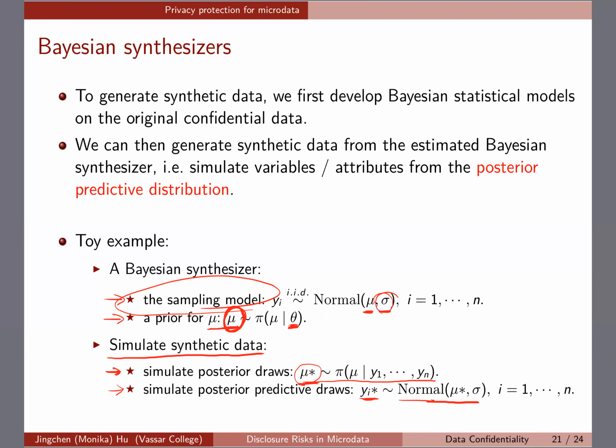And then one additional step typically for the synthetic data world is that you have to simulate posterior predictive draws of new data, their prediction. The predictive values will be the ones that we're going to use as the synthetic data, and then we use them to do all of the analysis.